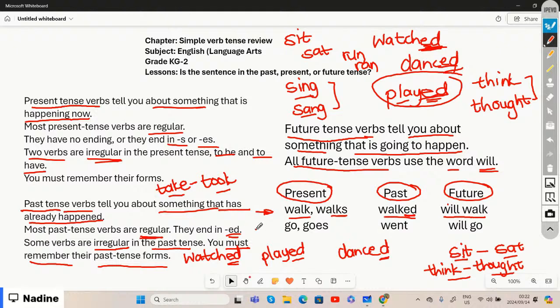Here we have an example of an irregular tense. Once again, if more than one person does something, we can say they go. If one person does something, we can say goes. So he goes to school, for example, or he goes home.